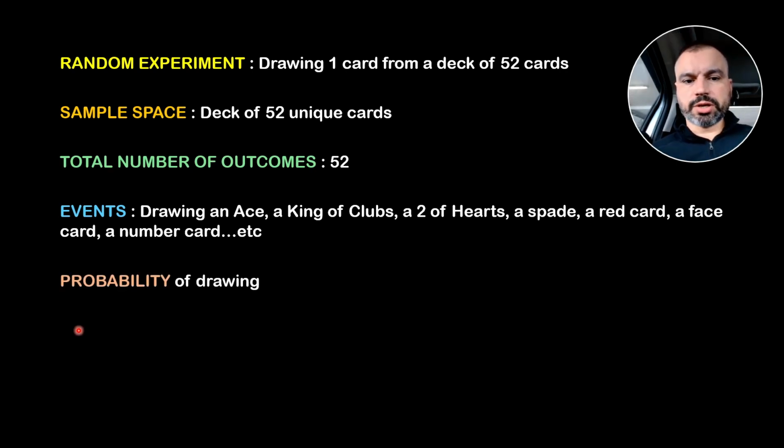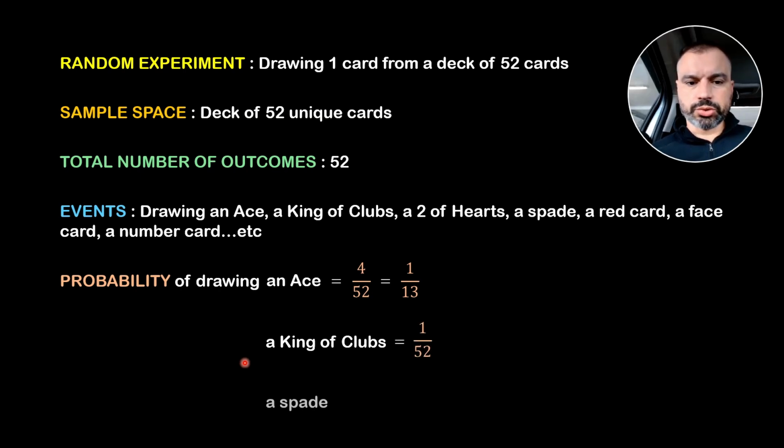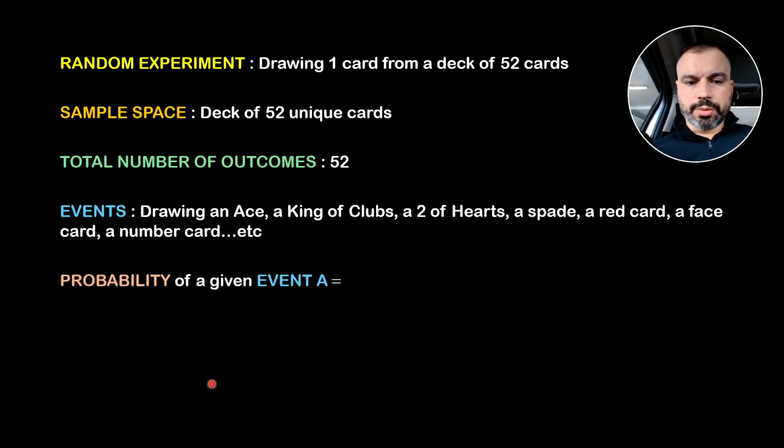The probability of drawing an ace is 4 over 52, or 1 over 13. The probability of drawing a King of Clubs is only 1 over 52. The probability of drawing a spade is 13 over 52, or 1 over 4. It's a 25% chance of getting a spade when drawing a card from a deck.